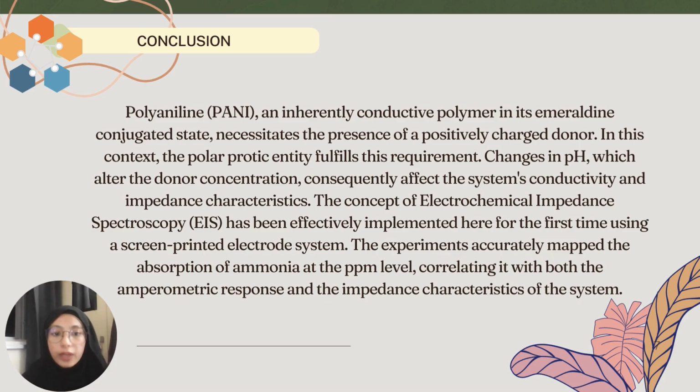This concept of electrochemical impedance spectroscopy, EIS, has been effectively implemented here for the first time using a screen-printed electrode system. The experiment mapped the absorption of ammonia at the ppm level, correlating it with both the amperometric response and the impedance characteristic of the system.